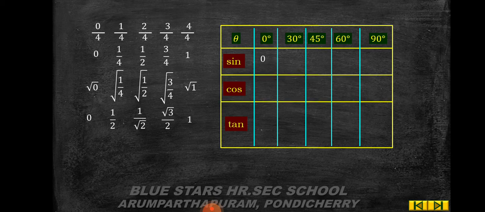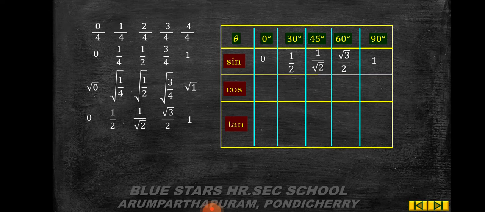The value of sin 0 degree is 0, sin 30 degree is 1 by 2, sin 45 degree is 1 by root 2, sin 60 degree is root 3 by 2 and sin 90 degree is 1.